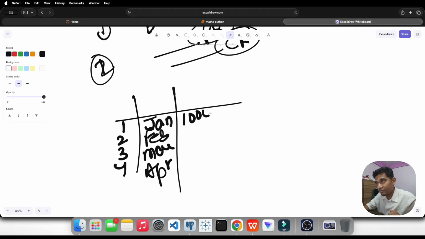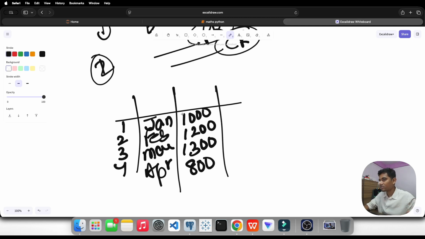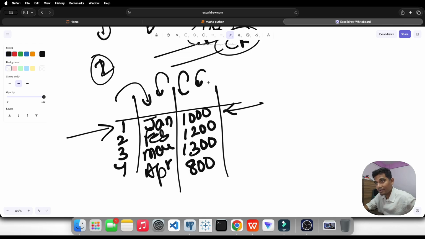Suppose in Jan we have 1000, then 1200, then 1300, then 800 in April. For Jan, Python goes to this row and checks: above Jan, is there any row where we can do the comparison? No. There is a null value. No row means null value.